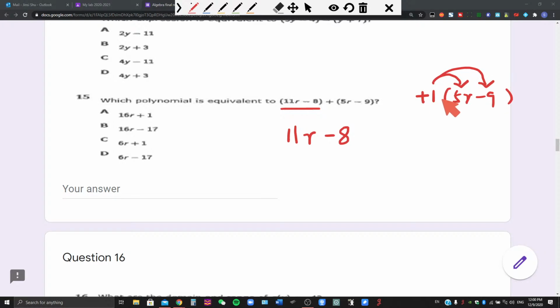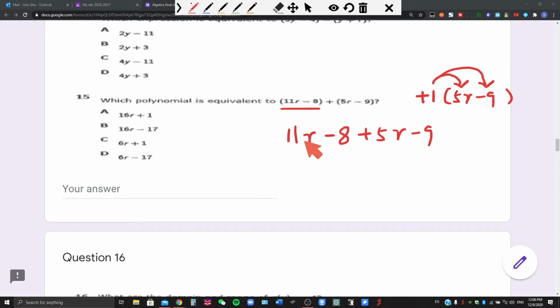We know 1 multiplied by everything is going to be itself. So actually, we can just take out the parentheses. So we can just write 5r subtract 9. That's because +1 multiplied by everything will be the same thing.